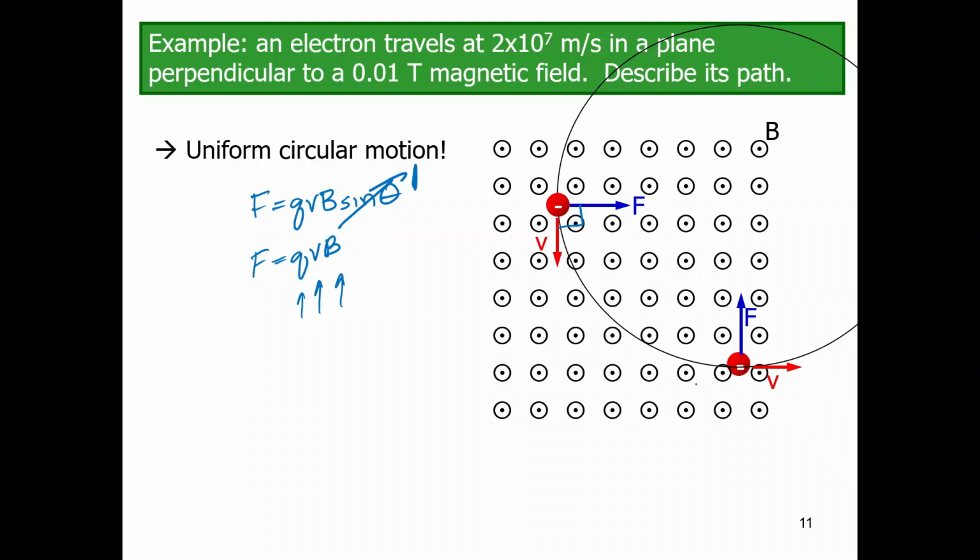And we can see that if we look at other points, so we look at when our negative particle is here, our velocity is going to be tangent to the circle, so it's going to be moving to the right. Our force is going to be moving towards the top. So our force always points towards the center of the circle. You can check that with your right hand rule. So this is uniform circular motion. It doesn't go away when you leave Physics 1401.